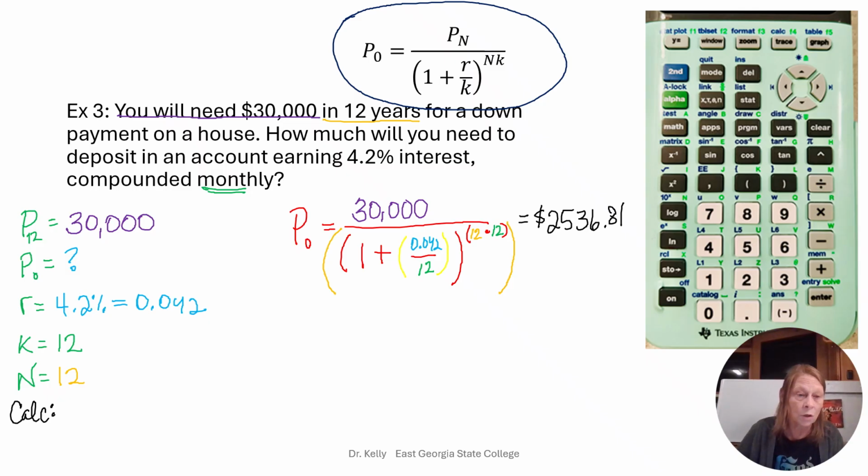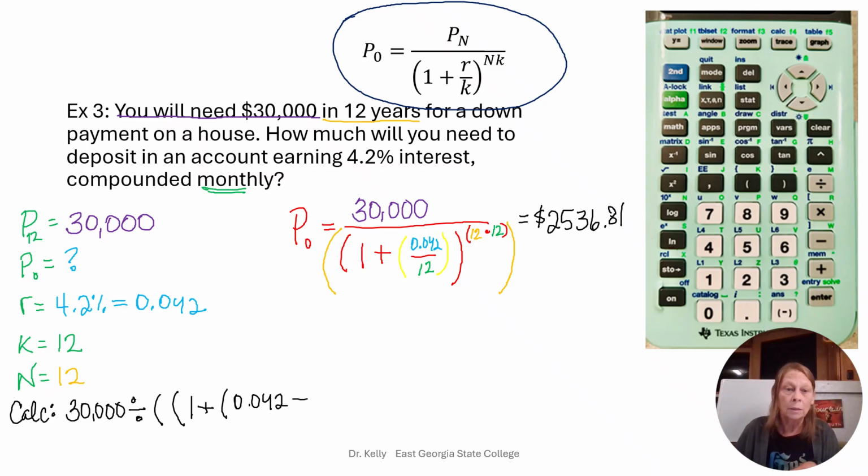We're going to start off with 30,000 divided by open, 2 open parentheses, 1 plus open 0.042 divided by 12, close, look at that, there's 2 closes, close, to the power of open, 12 times 12, close, 1 more close.